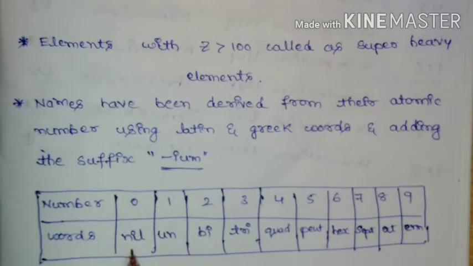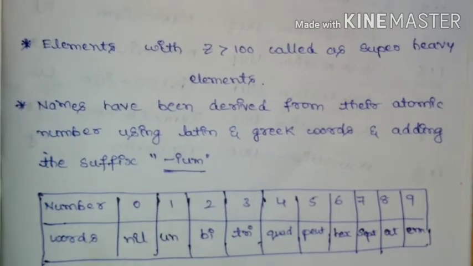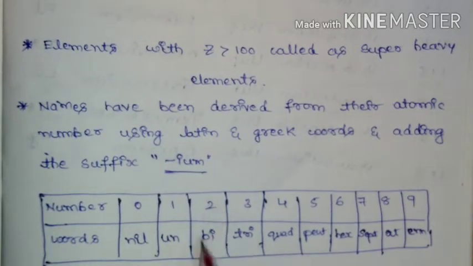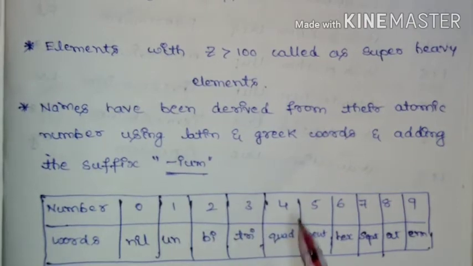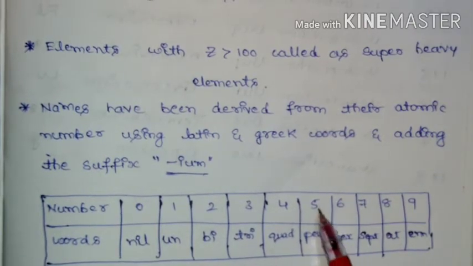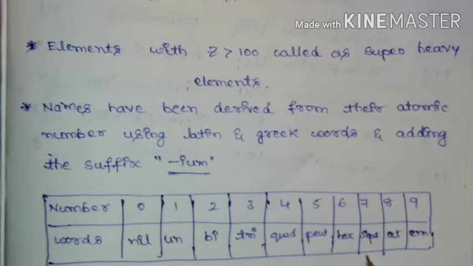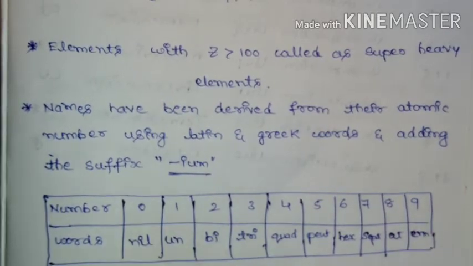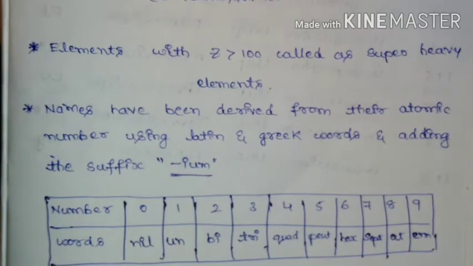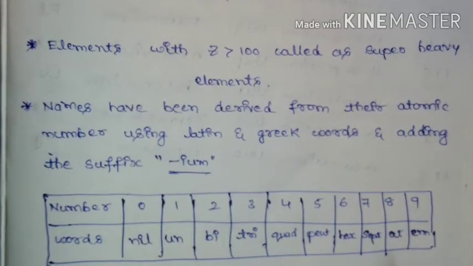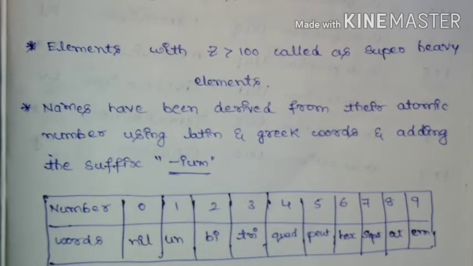For 0 we use nil, for 1 un, for 2 bi, for 3 tri, 4 quad, 5 pent, 6 hex, 7 sept, 8 oct, 9 enn. By using these words, we add the suffix ium.